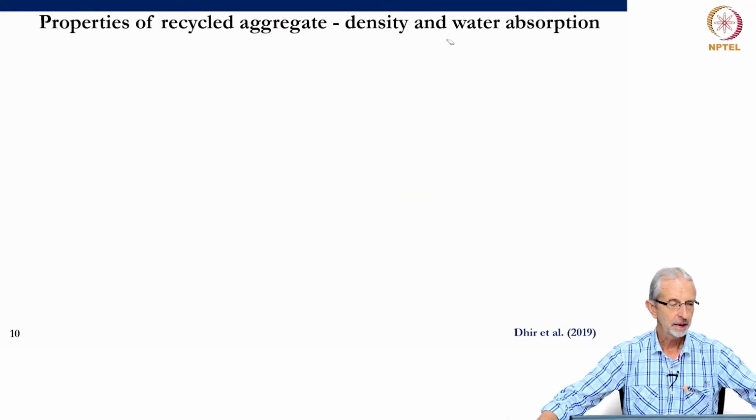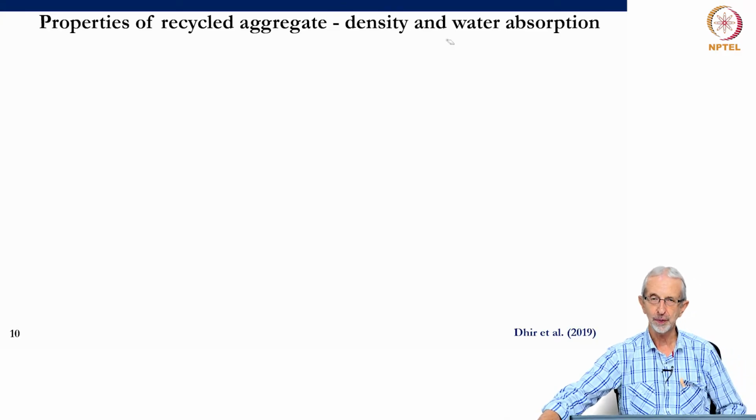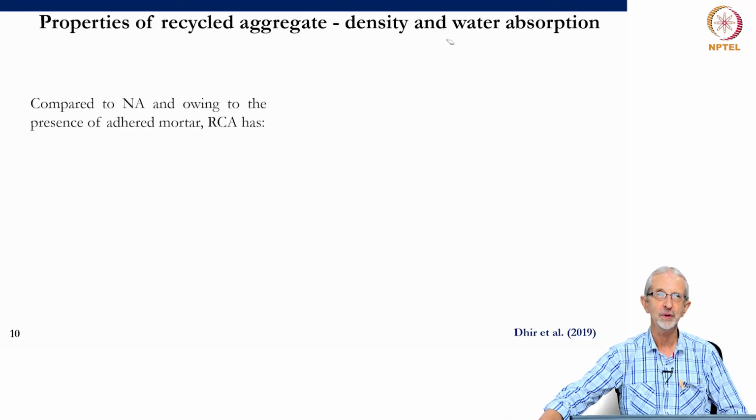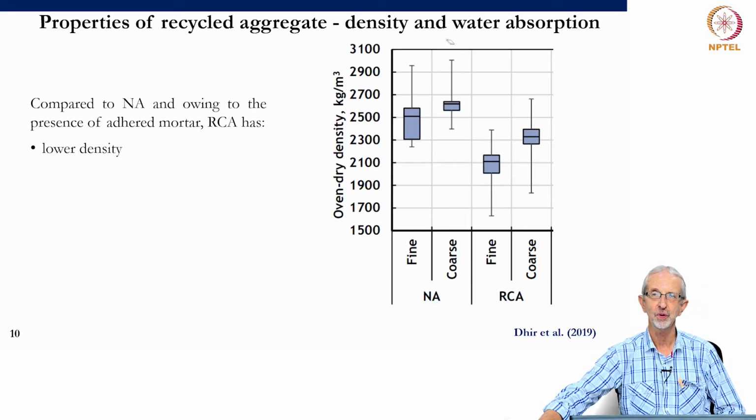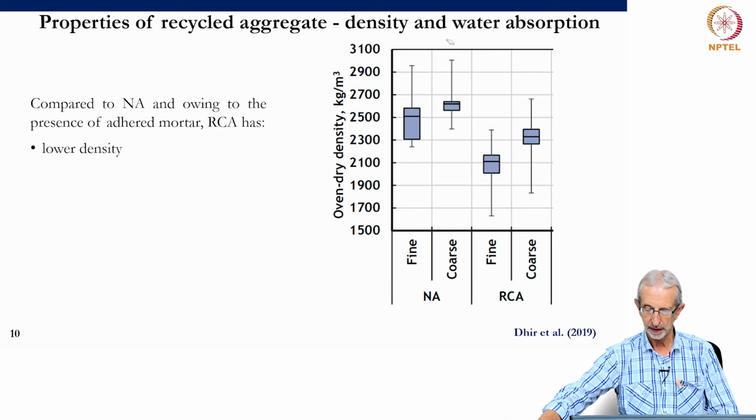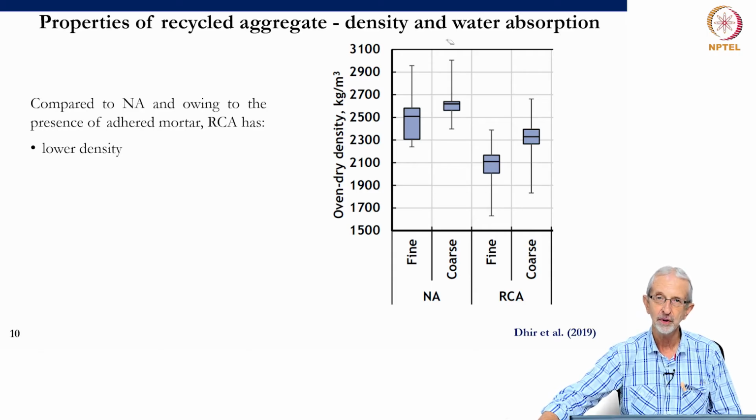Now, density and water absorption, as we've said, are proxies, if you like, for the amount of adhered mortar. And compared to normal aggregates, and owing to the presence of that mortar, RCA has, first of all, lower density. Quite clear here, if you look at the diagram on the right. Natural aggregate, fine and coarse, have densities typically within the range given there.